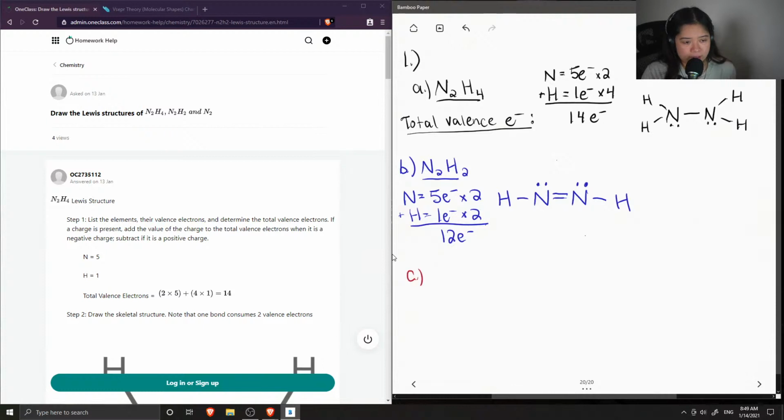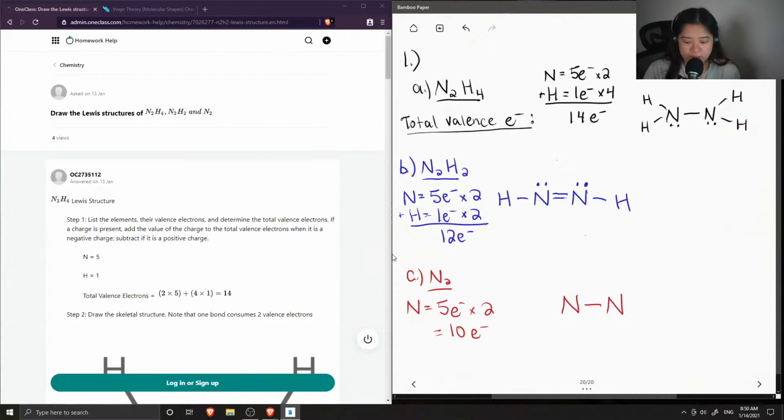And now let's just do it for diatomic nitrogen. The number of valence electrons will just be 5 times 2, which is 10. So let's write our 2 nitrogens single bonded together.